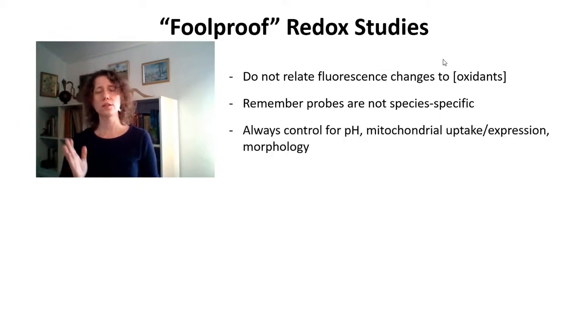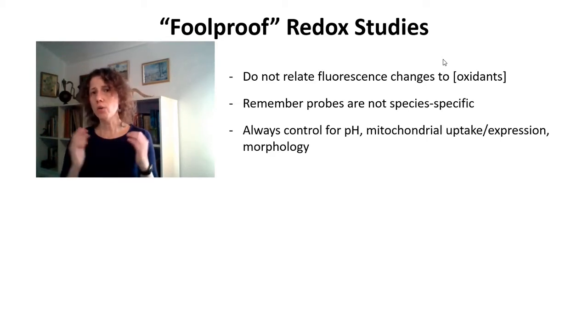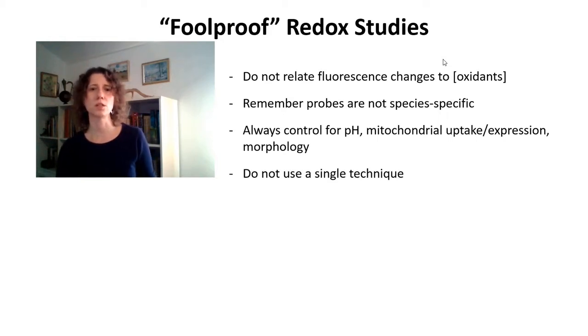Always think, if you have changes in pH, changes in membrane potential, changes in expression of encoded proteins, or changes of size and shape in mitochondria, that may be a reason for your changes in readout. So always consider that as a possible confounding factor in your measurements.